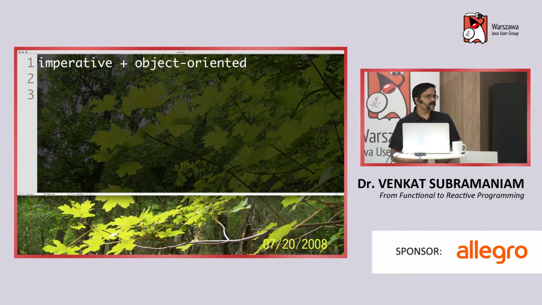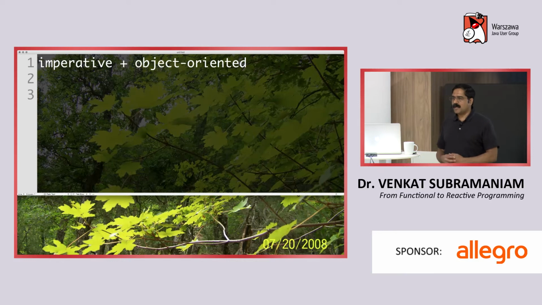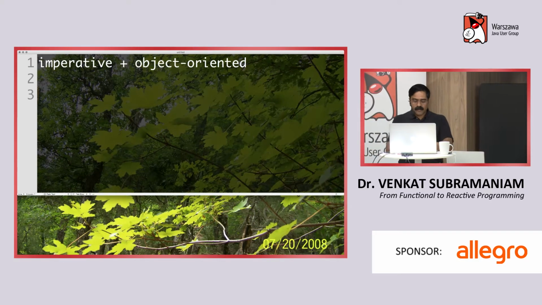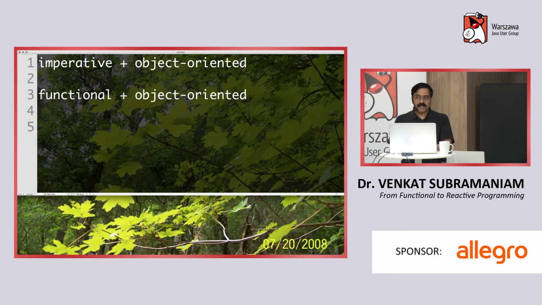But when it comes to writing code, it's imperative style with object-oriented where we are mixing these together. A lot of times people talk about object-oriented versus functional programming, and I don't see it that way at all. The way I see it is functional plus object-oriented, and that is what languages like Java make possible. In languages like Java and Scala and many others, we could use functional programming and mix it with object-oriented programming.